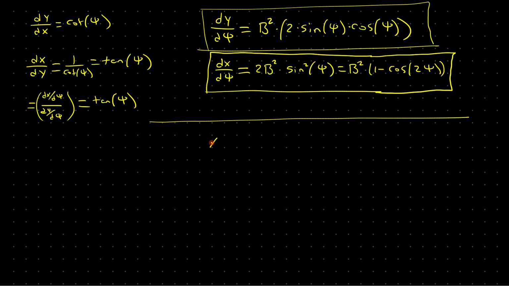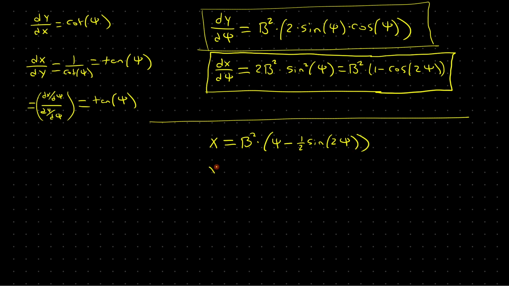So x, once we do this integral, is going to be equal to b squared times psi minus 1/2 sine of 2 psi.